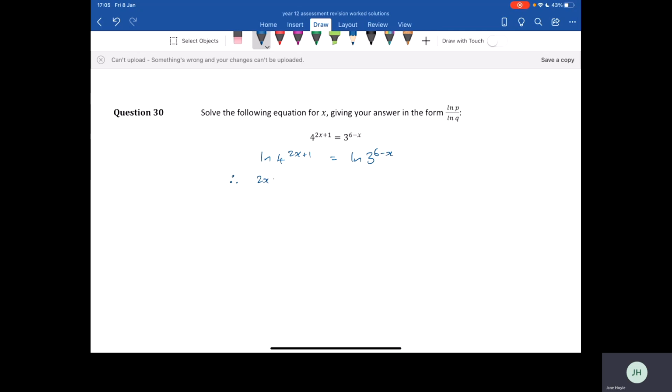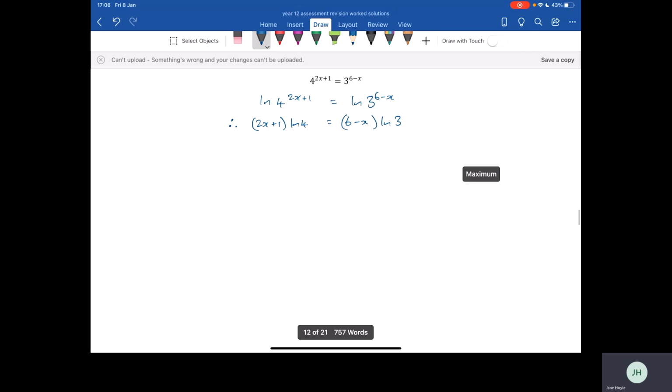So I've got 2x plus 1, lots of ln 4, is equal to 6 minus x, lots of ln 3. Okay, so I think here, expand the brackets. We've obviously got to collect the x's together. There are x's appearing on both sides.